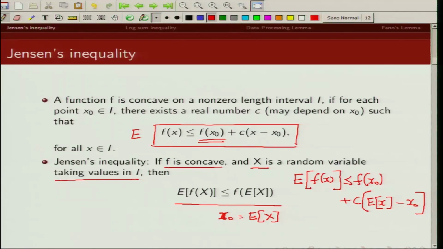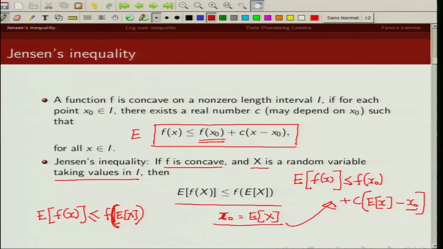Now if I choose this value of x naught and I plug it in here, what do I get? I get that the expected value of f of x is less than or equal to the function evaluated at x naught, and x naught is the expected value of x, plus c times the expected value of x minus the expected value of x.